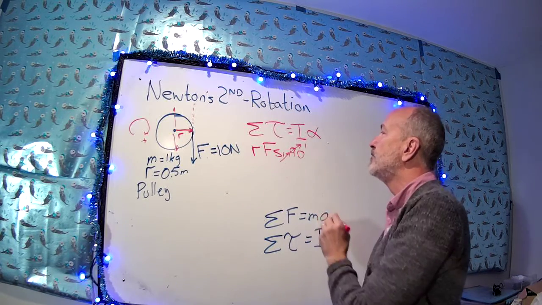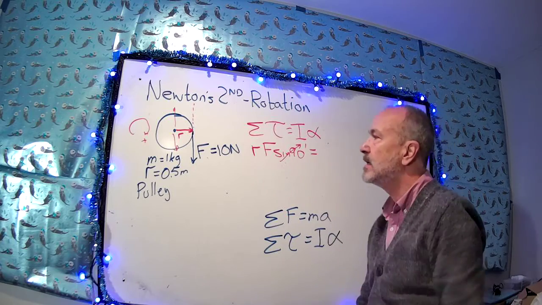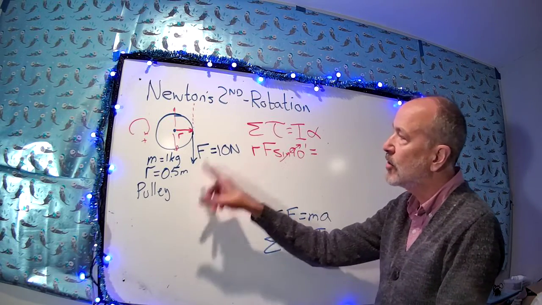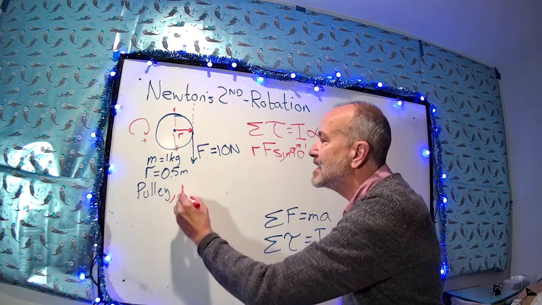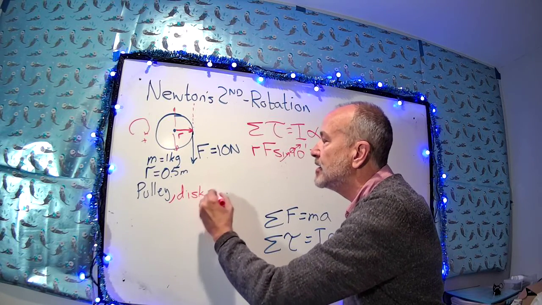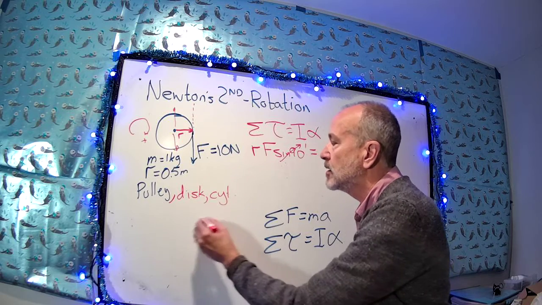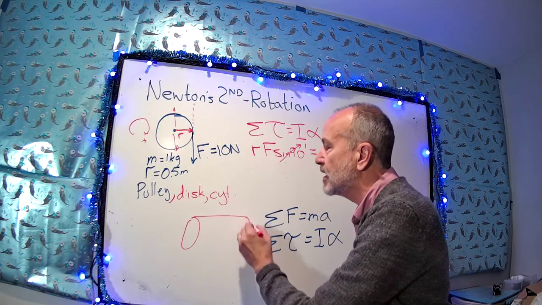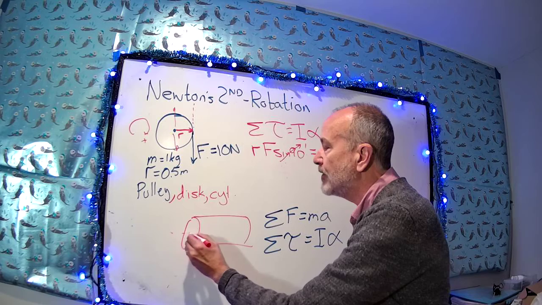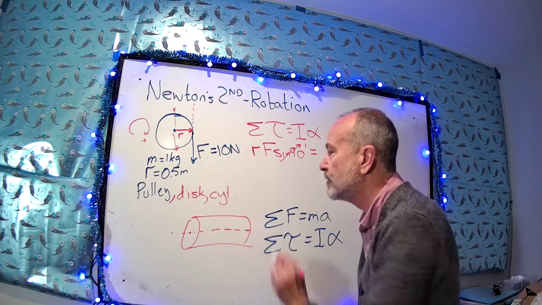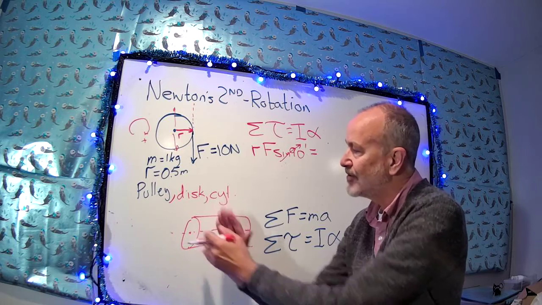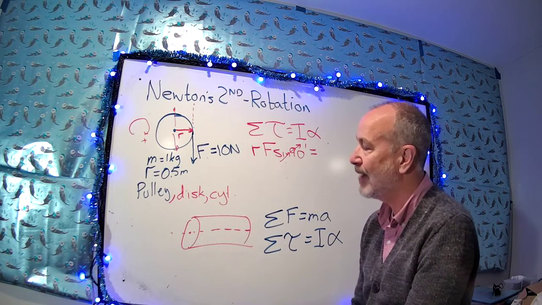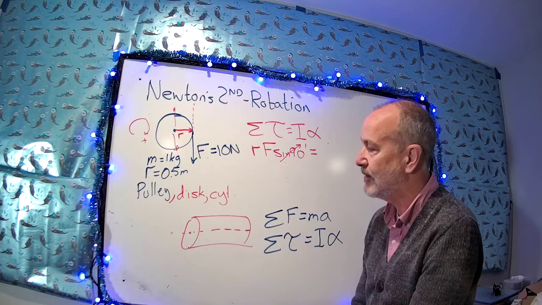which is just 1, is going to equal I, and the rotational inertia for a pulley or a disc or a cylinder. Let me draw it like this. If you think of it, there's a cylinder around this center axis. Well, a pulley is just a really shallow cylinder. We could also call it a rod, or circular rod around that cylinder.